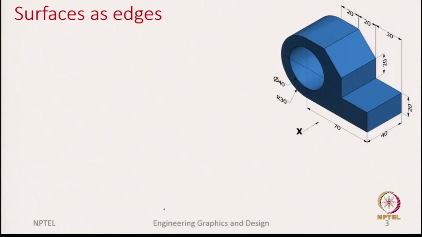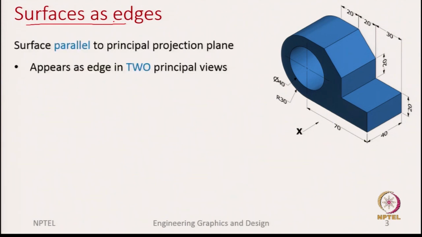Before we start, let us notice a few features of this auxiliary view. Okay. So, now let us focus on surfaces as edges. You will quickly see what I meant by surfaces as edges. Let us again consider surfaces parallel to the principal projection planes. So, these are the surfaces S1, S2 and S3 we discussed in the previous slide.